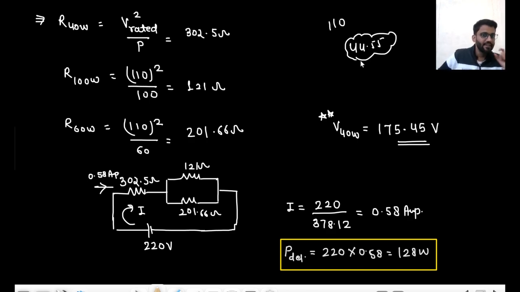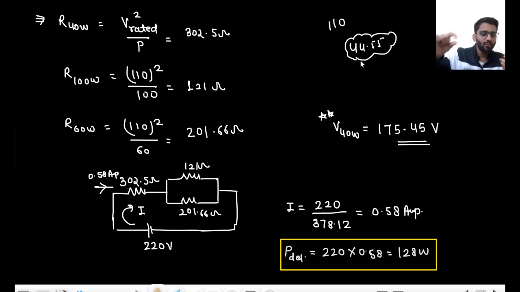I hope everything is clear now. What is the concept? The concept says that my R is fixed. If I am taking a bulb from the market, he will give me the power rating and voltage rating. The resistance of the bulb is fixed. No matter how much supply I give, the resistance is fixed. Based on the supply, I can find out my current.